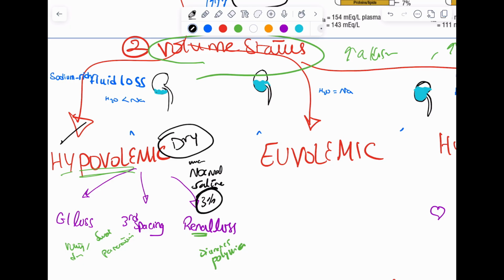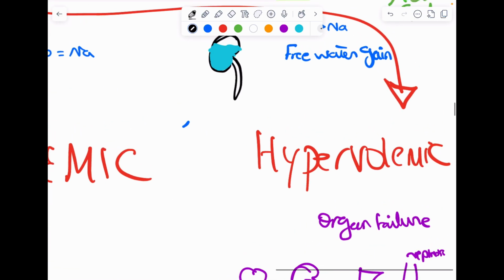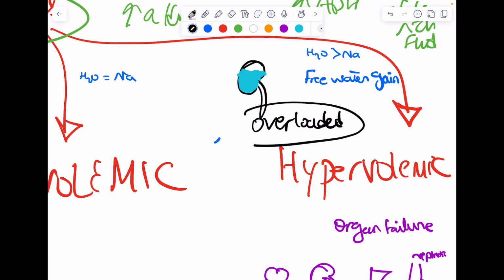Now the other category of patients, those who are hypervolemic, the volume status here is overloaded. What do you expect here? This patient is retaining sodium and water, but is retaining water to a greater degree. Why do you think this is the case?